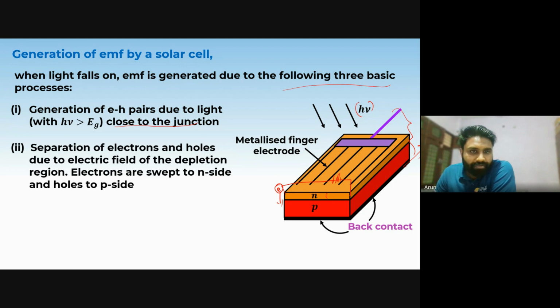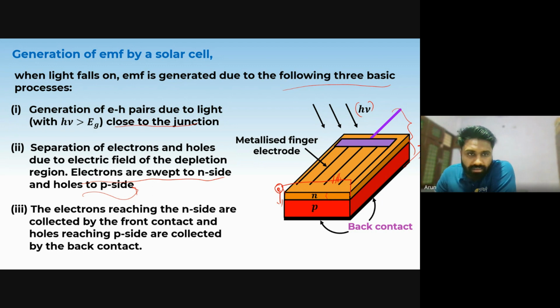Separation of electrons and holes: due to the electric field of the depletion region, electrons are swept out to the n side, and holes are swept to the p side. Okay. The electrons reaching the n side are collected by the front contact, and holes reaching the p side are collected by the back contact.